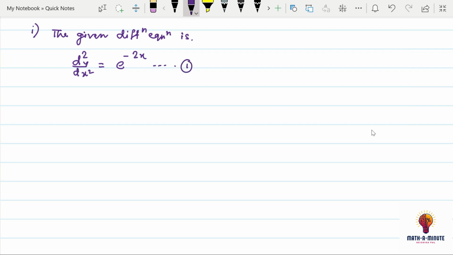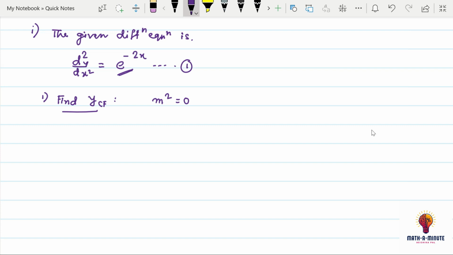We can first find the y CF, the complementary function, in this way. Here the auxiliary equation will be m square equals 0, because when we calculate the complementary function, we have to take the x part equal to 0 to make the given equation a homogeneous differential equation.